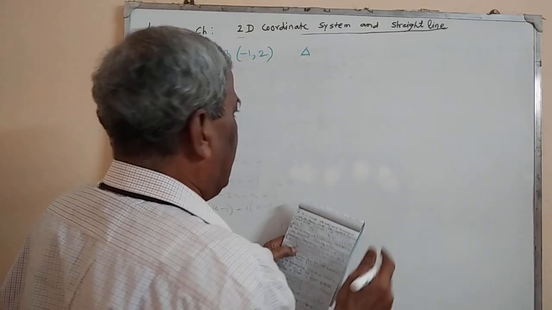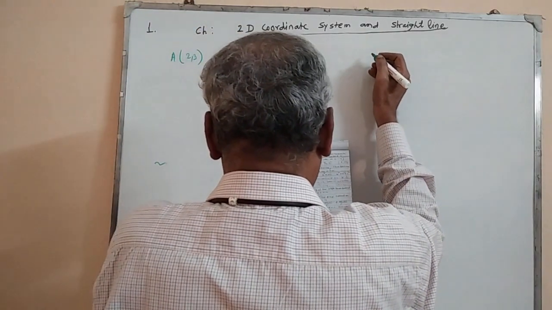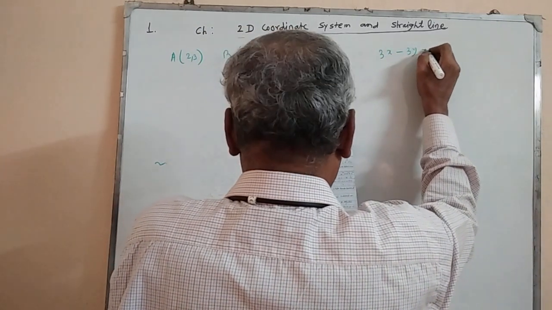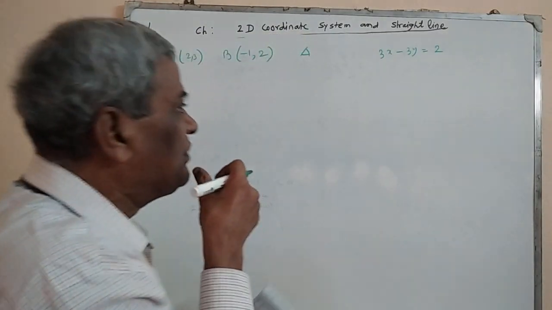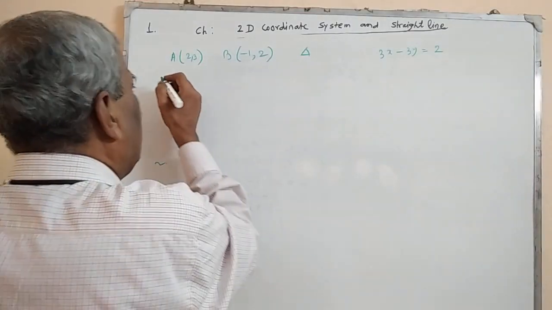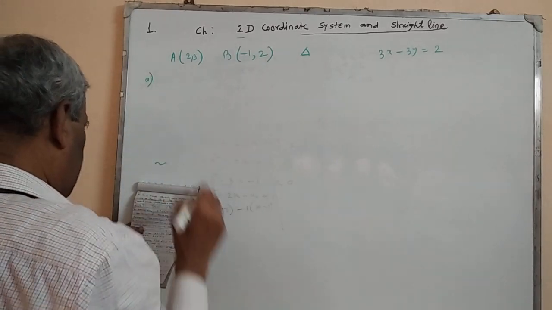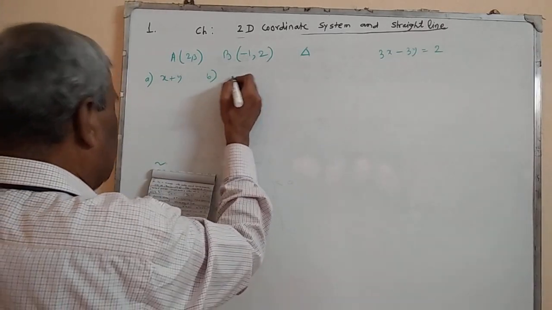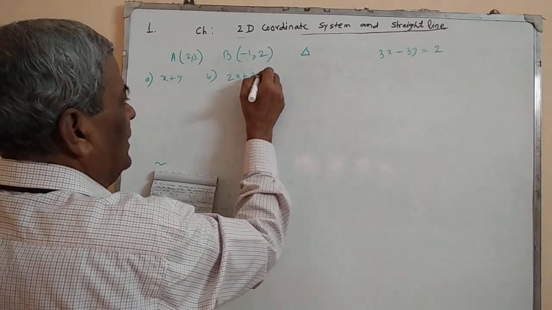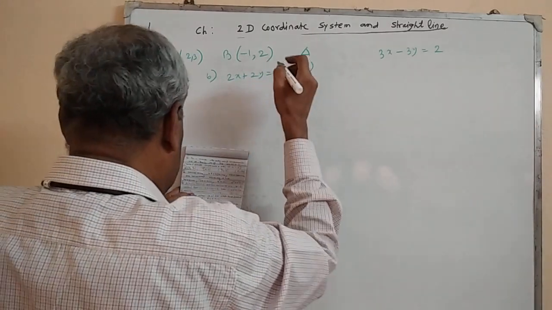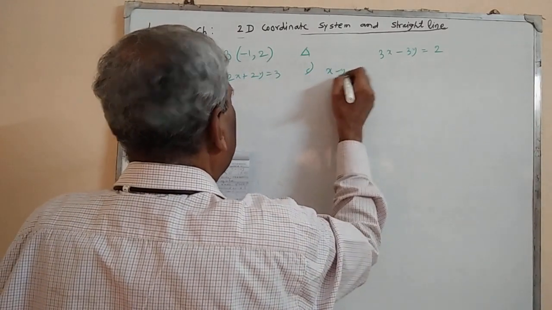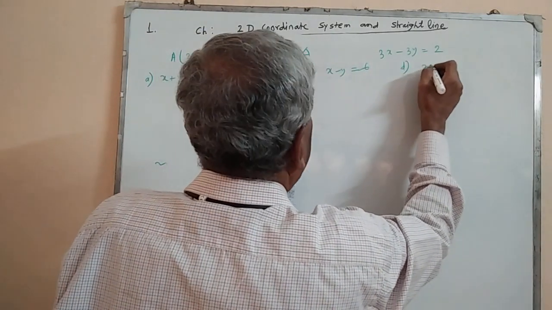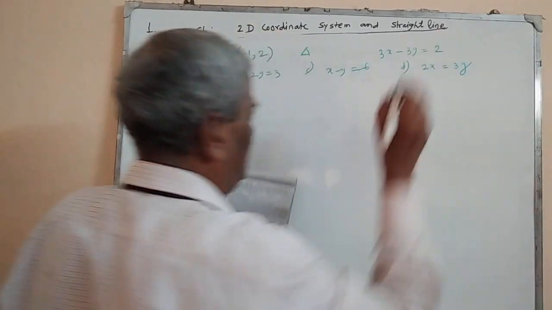If its centroid lies on 3x minus 3y is equal to 2, then the locus of the third vertex is: option A, x plus y is equal to 2; B, 2x plus 2y is equal to 3; C, x minus y is equal to 6; and D, 2x is equal to 3y.